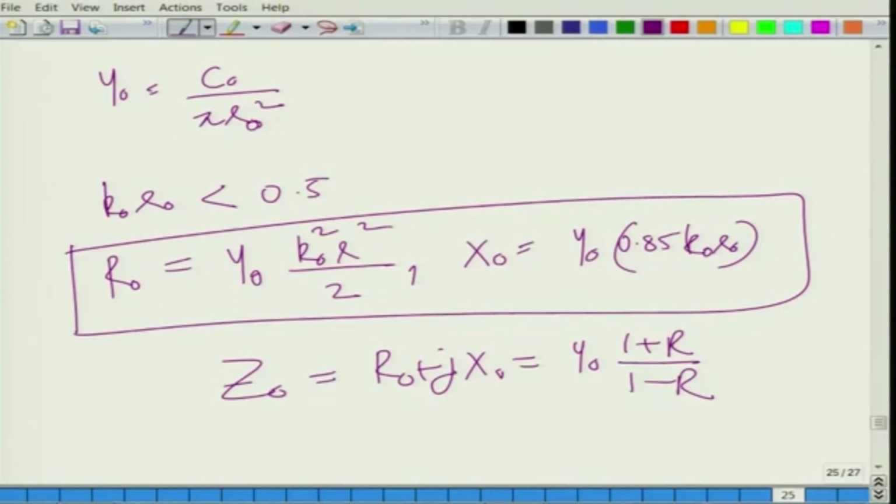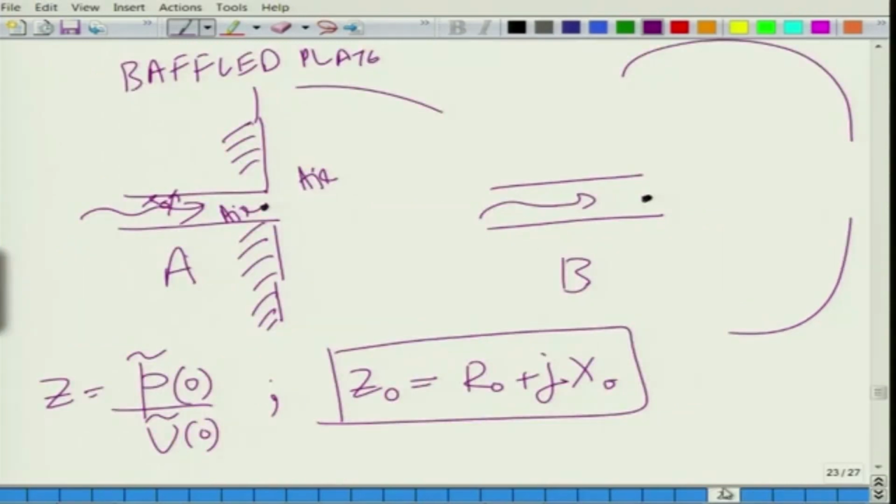Similarly, there is another expression for the unbaffled case, which is much more complex and was derived in a paper published a long time back.